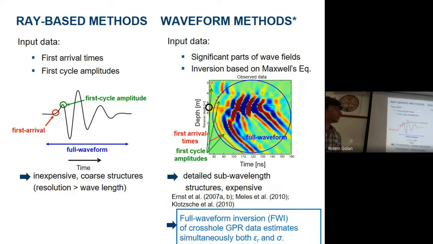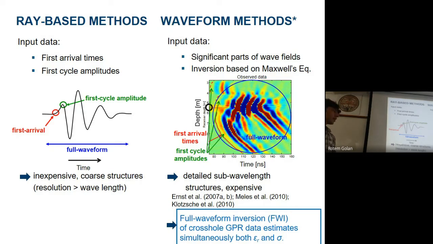So when we do a tomography inversion with GPR data, the conventional methods use the data for the inversion, either the first arrival of all the signals, from which we can get tomography inversion of the velocities, which relate to the permittivities, or the first cycle amplitude of the data, from which we can get an attenuation inversion.